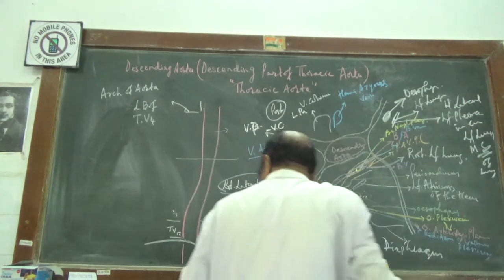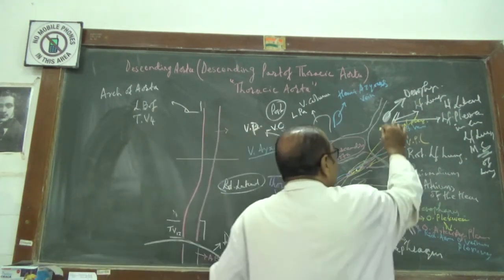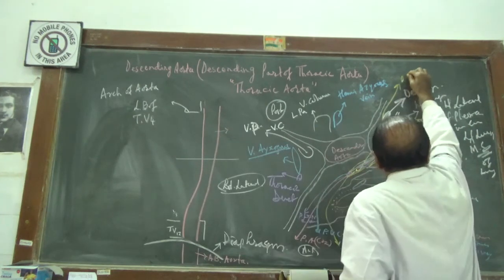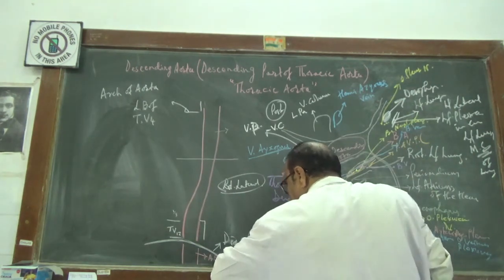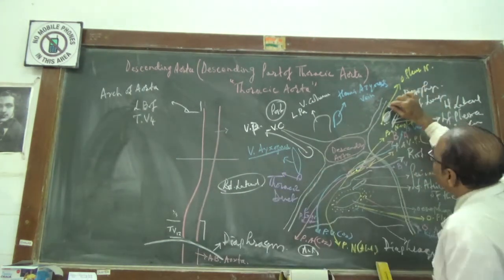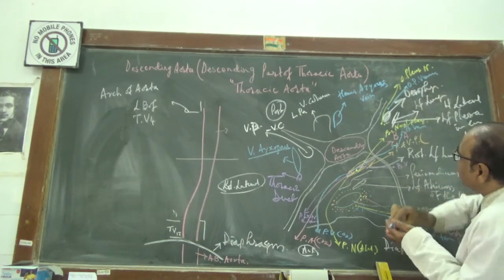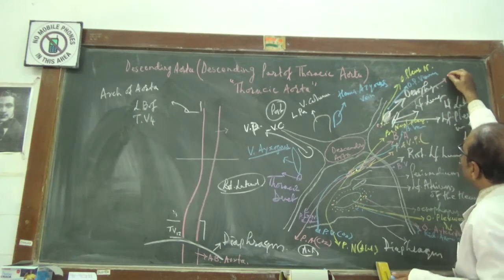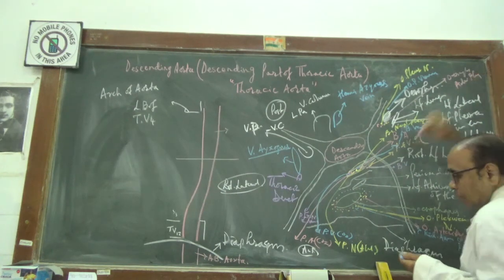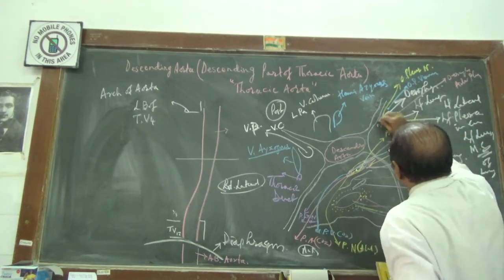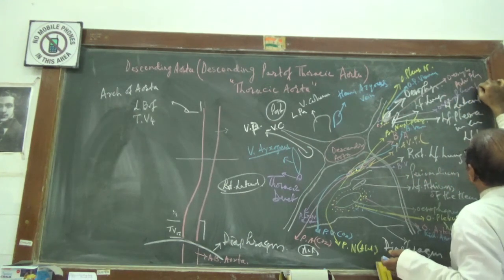Apart from that, you have the esophageal plexus of nerves, that is the sympathetic and parasympathetic, then the esophageal veins, then the esophageal arterial plexus, then the esophageal lymphatic plexus.